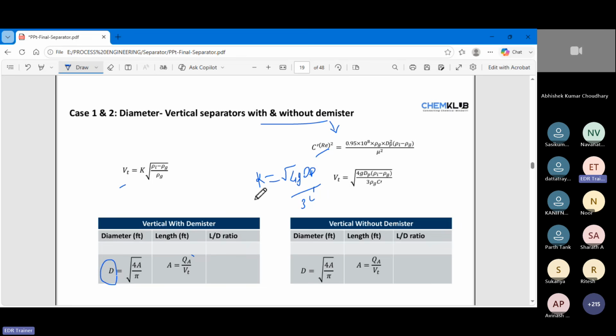So this is nothing but the K. If you can see this portion, it is related to the K value. And here the K value you already have because you have a demister pad. So a demister pad can give you a K value, and you need to calculate the K value if you don't have a demister pad.